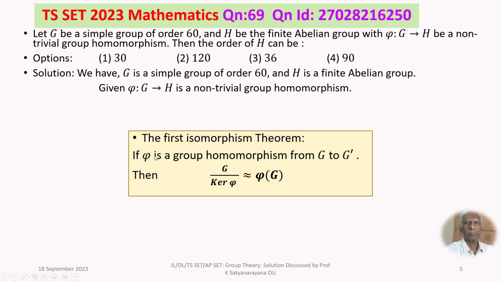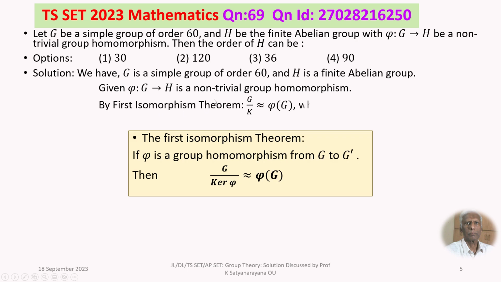Now you might have studied the first isomorphism theorem in a different way. Like if phi is a group homomorphism from G onto G prime, then the result is G by ker phi is isomorphic to G prime. But if it is just G to G prime, not onto, then G by ker phi is isomorphic to phi of G. Now phi is given to be a non-trivial group homomorphism from G to H. Therefore, we apply the first isomorphism theorem.